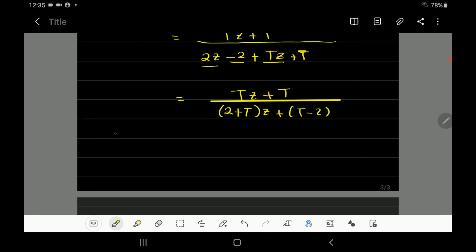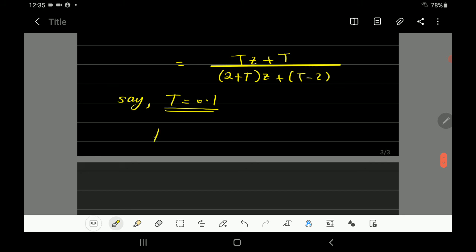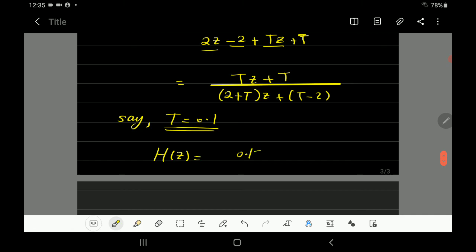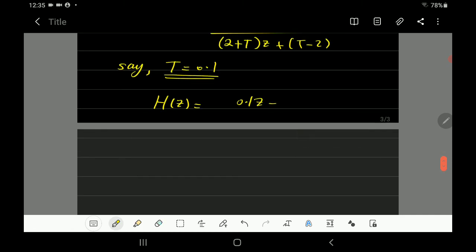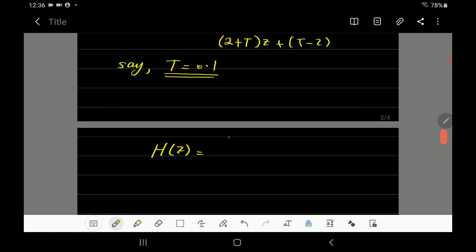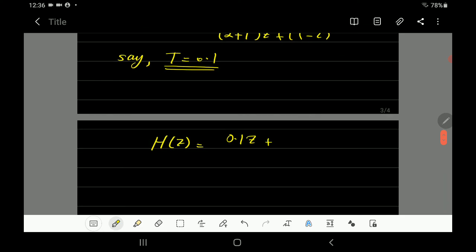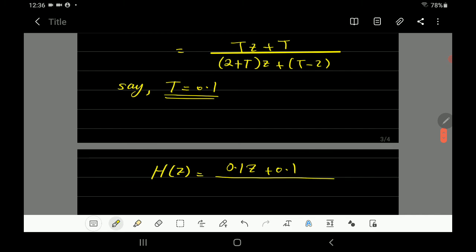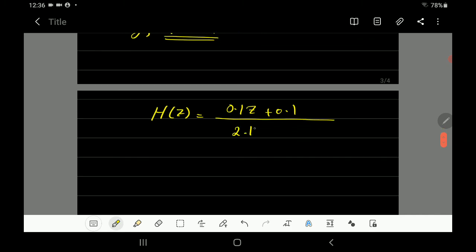Let's say, for example, the sampling period T was 0.1. In this case, you will have H(z) equal to 0.1z plus T, which is 0.1, divided by 2 plus T, which will be 2.1z.